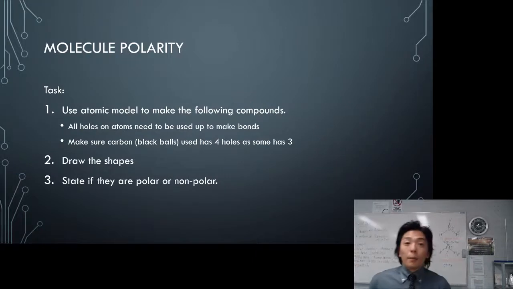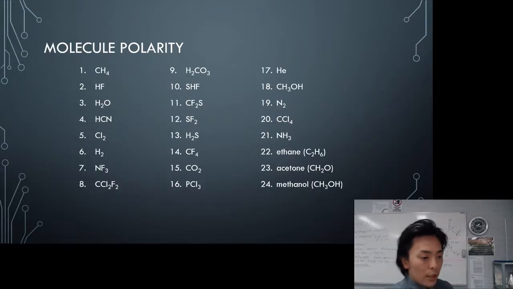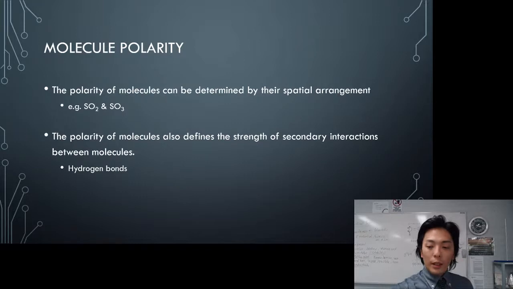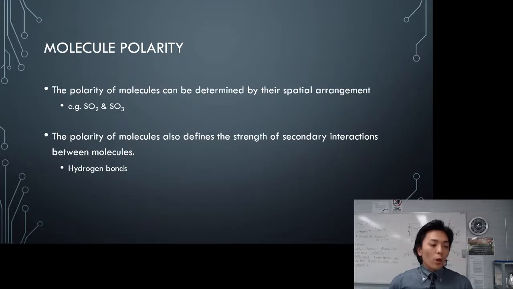In class, you'll be looking at something like this, and we do more examples. You will use the next slide to look at the shape. You will draw them, look at each bond and determine the polarity of each molecule. Here's a list. Oops, dropped my mouse. And so that's the list. Going to the next one, we'll also be looking at polarity of molecules for SO2 and SO3.